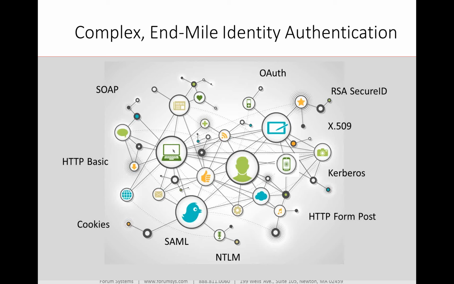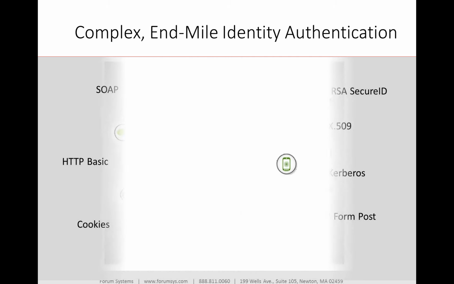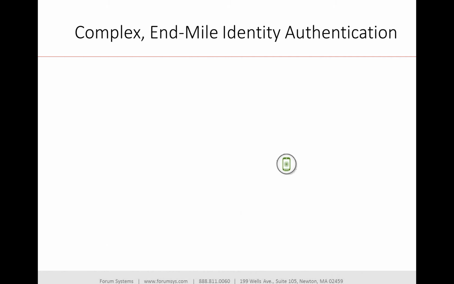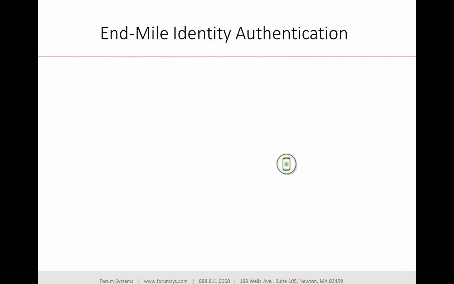Let's look at it and isolate a case where we're focused on one of these services in this complex landscape, and see how that identity authentication is truly one of the bottlenecks, if you will, in terms of being able to be more efficient about doing access control and SSO. This end-mile service resides in a virtual environment, a cloud environment, or maybe an on-premise service that accomplishes some data transfer, some information flow.